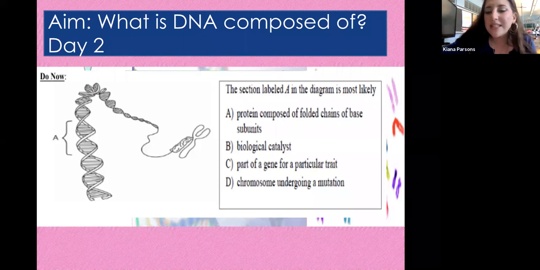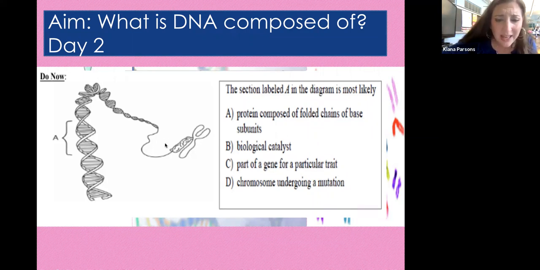We have C, which says it's part of a gene for a particular trait. That one looks good. Or D, a chromosome undergoing a mutation. And we can see a chromosome over here, right? The DNA has been unspindled from this chromosome, but no, that is not a chromosome undergoing a mutation. We're not seeing, I don't even know how you would see that.